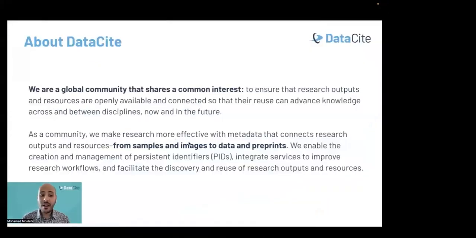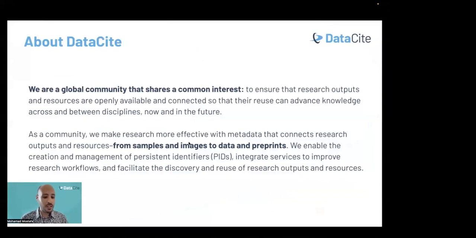So who we are: a global community that shares a common interest. Our main goal is to ensure that research outputs and resources are openly available and well connected, so they can be reused to advance knowledge across different disciplines, and for sure now and in the future. As a community at DataCite, we make research more effective through metadata that connects research outputs and resources.